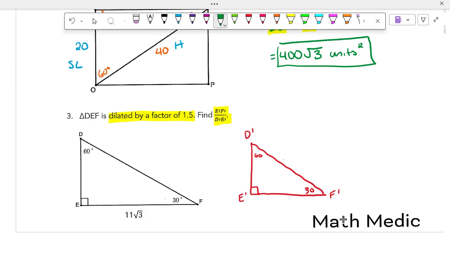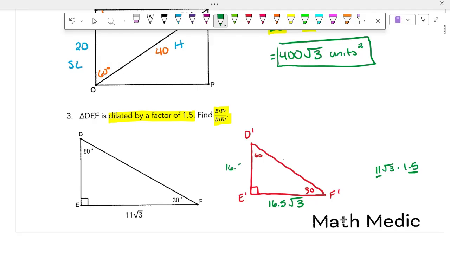I multiply 11 square root 3 times 1.5. So I just need to multiply the 11 and the 1.5. So what's 11 times 1.5? 16.5. So this would be 16.5 square root 3. So what would my short leg be? 16.5.